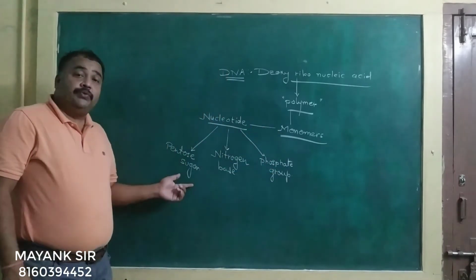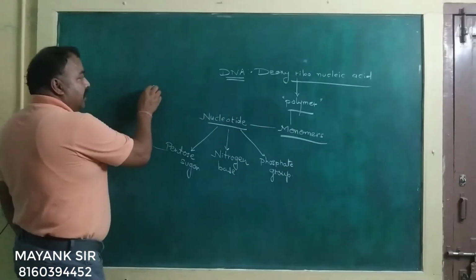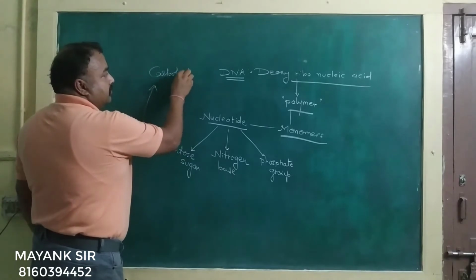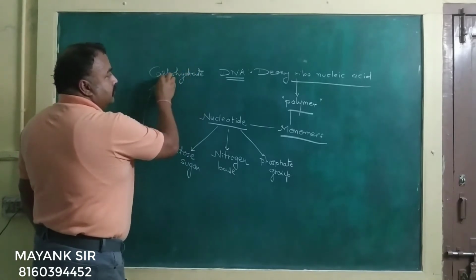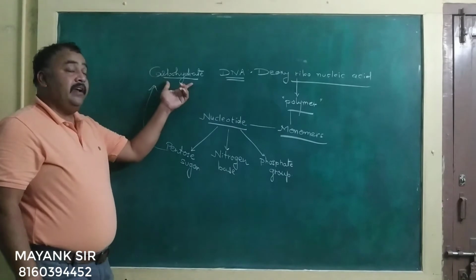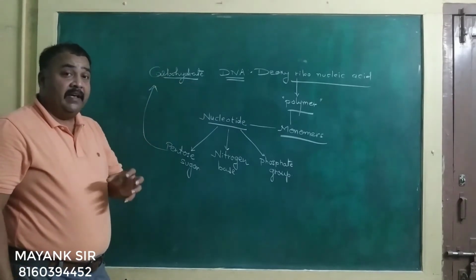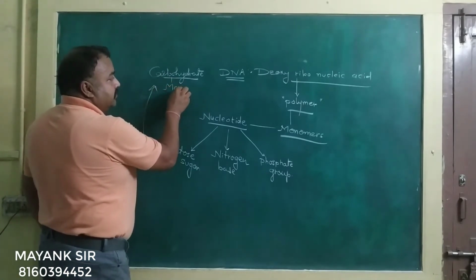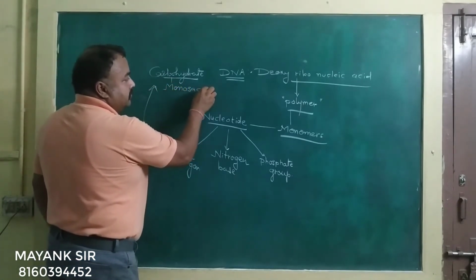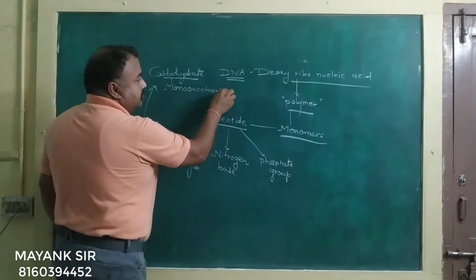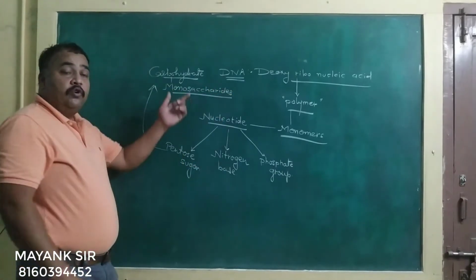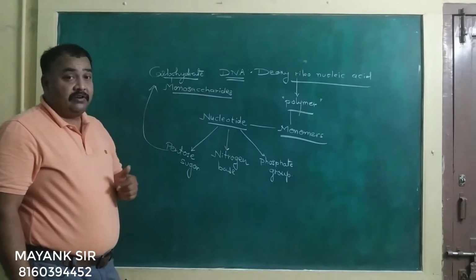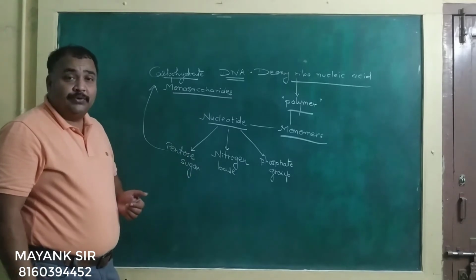Now the pentose sugar is a kind of carbohydrate. And this carbohydrate also has its monomer known as monosaccharides. The monosaccharide which contains 5 carbons in its structure is known as pentose sugar.